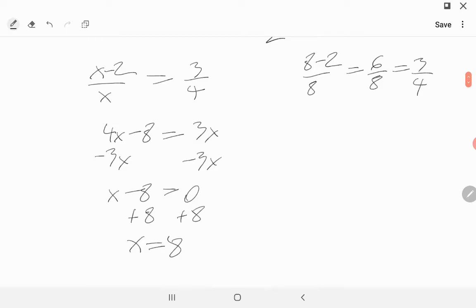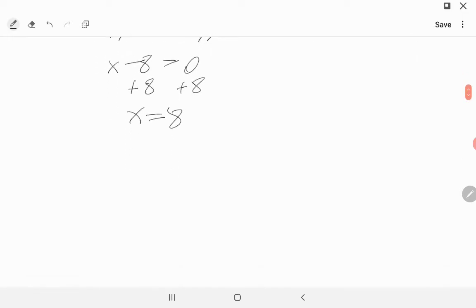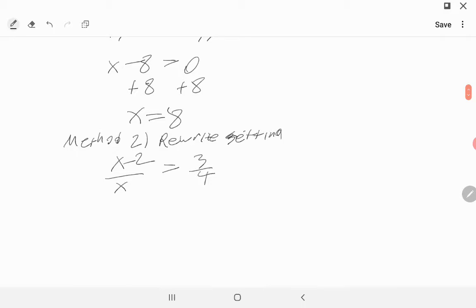Now, the more formal way of doing it, if we take that x minus 2 divided by x equals 3/4, method 2, is to rewrite it, setting a single rational expression equal to 0.